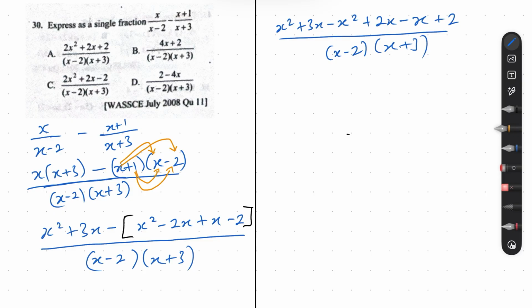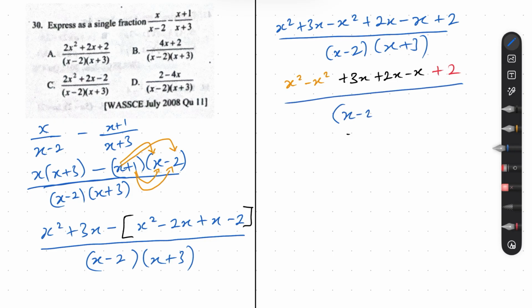Now on top here, we just need to group like terms. So we group x squared minus x squared, then we have plus 3x plus 2x minus x, then plus 2, all over our denominator x minus 2, x plus 3.